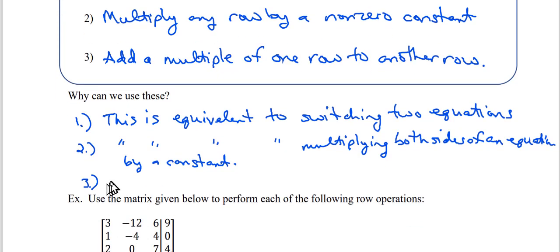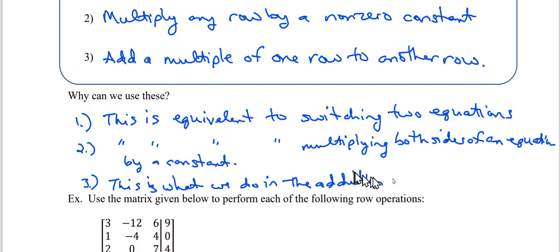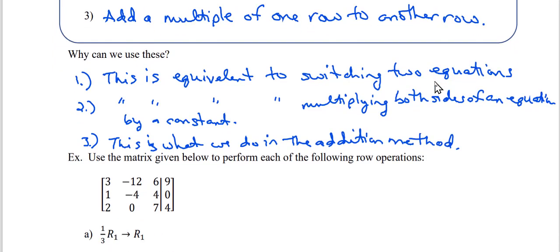This is what we do in the addition method, in essence, right? We multiply one equation by a constant, or maybe two, and then add them together. So we add a multiple of one row to another row, add a multiple of one equation to another equation. That's what we do in the addition method.